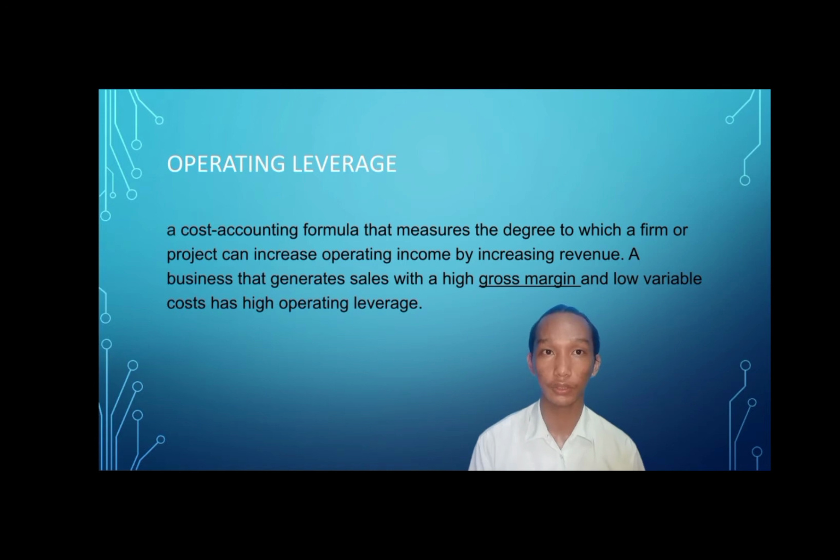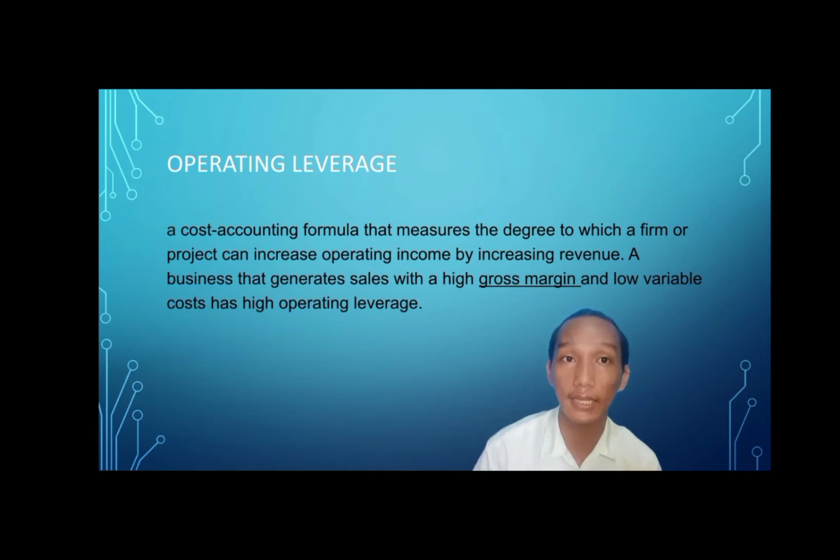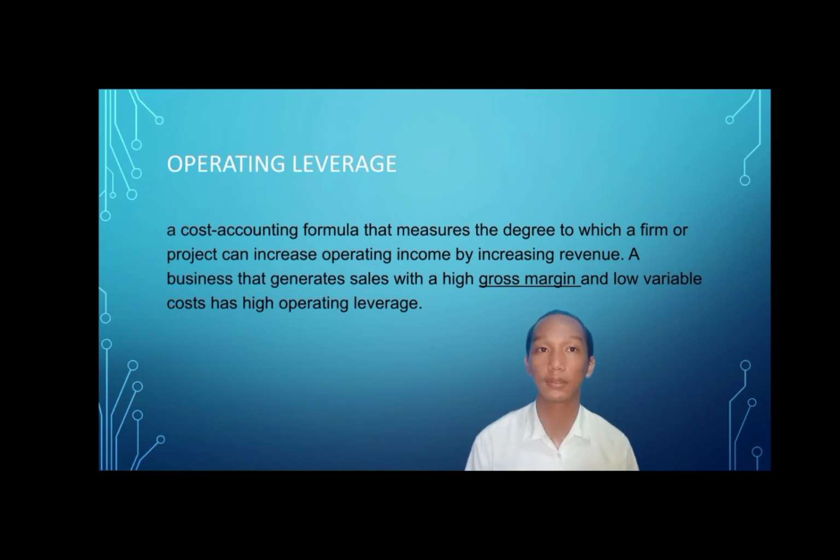This financial metric shows how a change in the company's sales will affect its operating income. Companies with high operating leverage must cover a big amount of fixed costs monthly, irrespective of whether or not they sell any units of product.